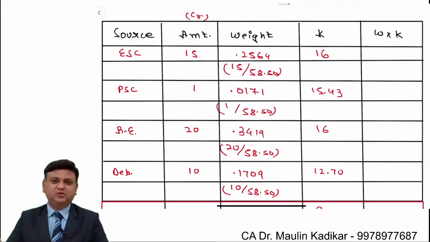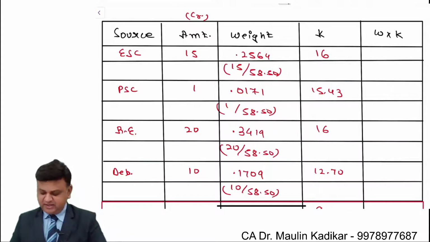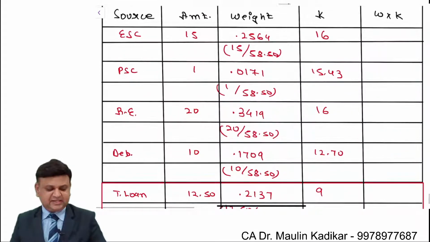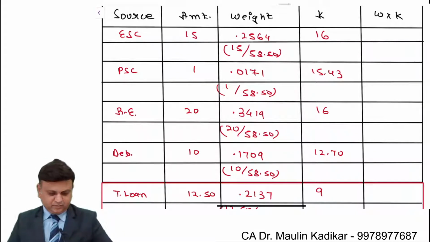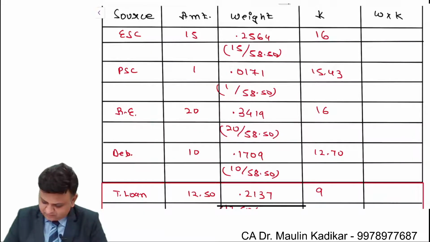Usually my suggestion is to take 4 decimals in the weight, and in cost into weight, I suggest 2 decimals. So 0.2564 into 16 comes to 4.10.